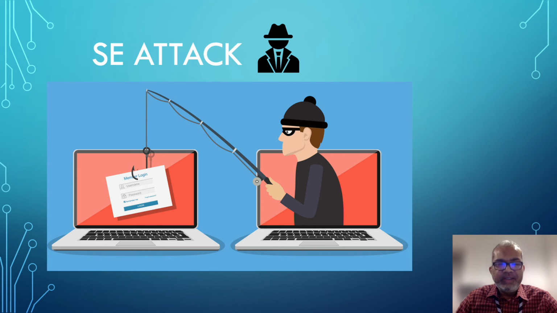As you can see in the picture, the attacker steals user credentials from the user's computer. However, in this attack, we are going to capture email credentials from a random user using social engineering techniques. Let's demonstrate the attack.